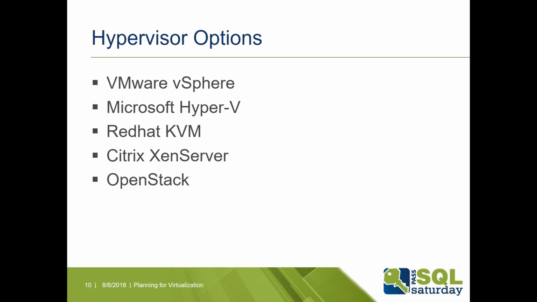So you have a lot of options for hypervisors out there. Most on-premise private cloud type options, typically VMware is the biggest player in the market. It's not as big in the public cloud. Obviously, Microsoft's Azure uses Hyper-V. AWS, which is the largest public cloud, uses Xen.